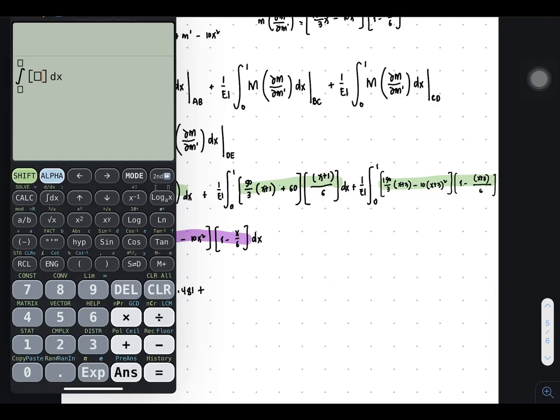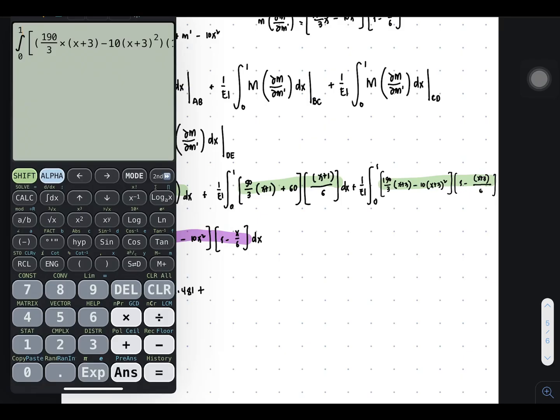It's going to be the integral of 190 over 3 times x plus 3 minus 10 times x plus 3 squared, and you multiply it with 1 minus x plus 3 over 6, and you close it.